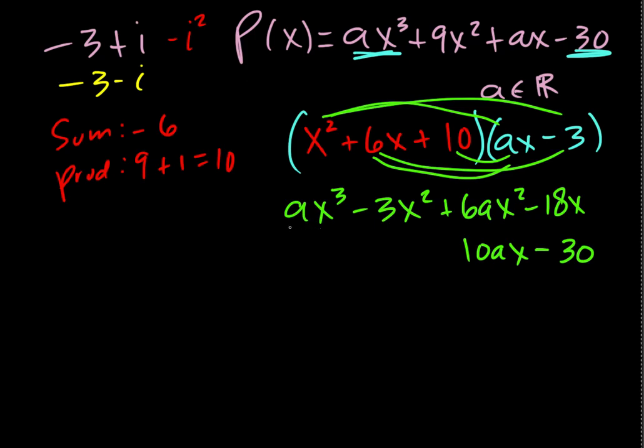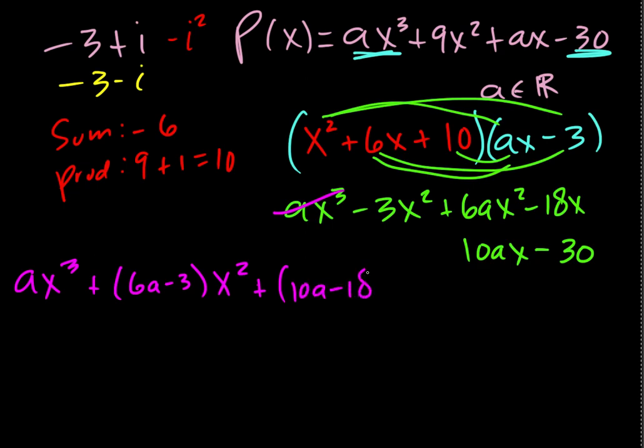Alright, so now I'm just going to combine like terms. 6a minus 3, and then this is going to be 10a minus 18, and then minus 30.